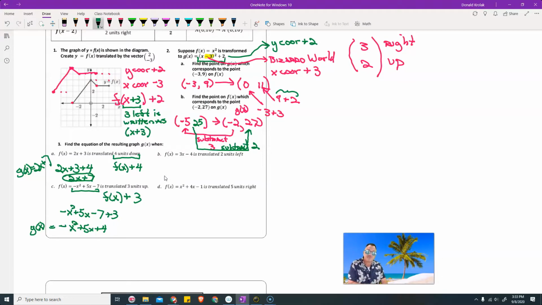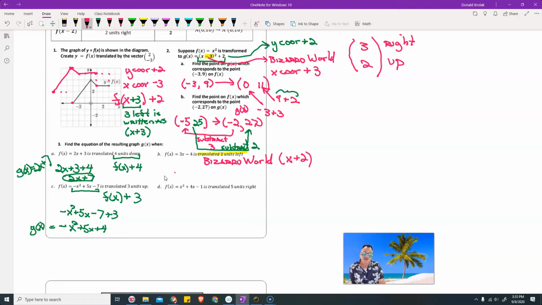All right, last two. If I want to go 2 left, then I got to think bizarro world. Okay, so 2 left is take the input and add 2 to it.